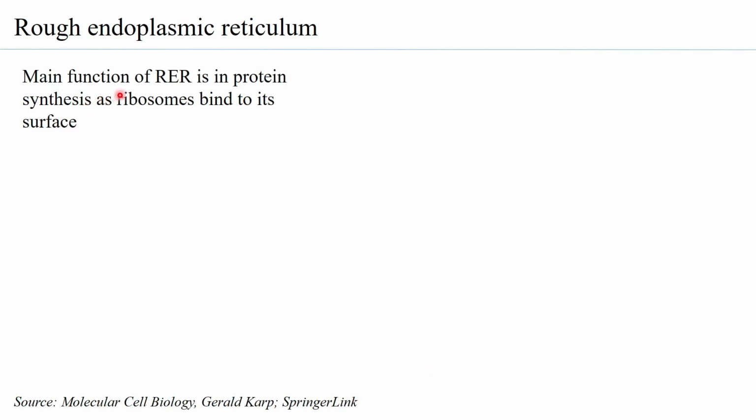Now, one of the major functions of the rough endoplasmic reticulum is in protein synthesis, as ribosomes are found bound to its surface. Here, there are two questions. Before we go to the two questions, we need to know that the ribosomes that are exported from the nucleus as small subunits and large subunits can assemble into complete ribosomes when they have to carry out translation.